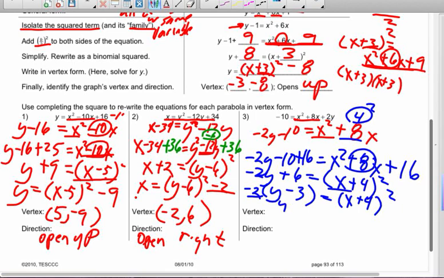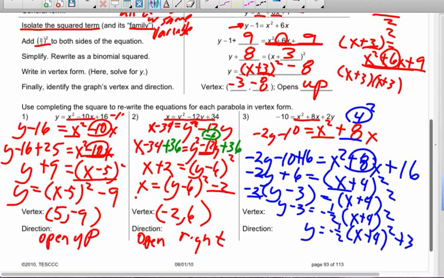So I'm going to end up with y minus 3 will equal negative 1/2 x plus 4 squared. Then I add it over, so I end up with y equals negative 1/2 x plus 4 squared plus 3. So my vertex now is, there's my h, it's inside, it's y equals. So my vertex is going to be at negative 4, 3. And because this is a negative, it's a y equals, it's going to open down.